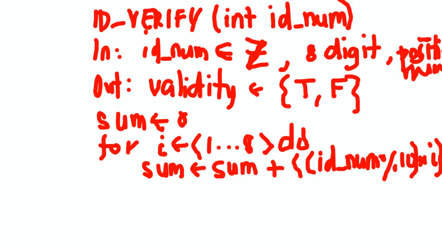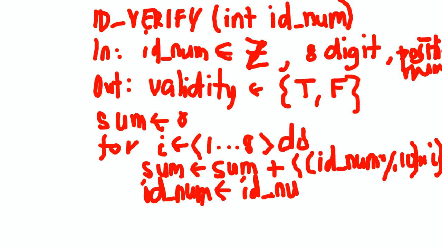So after this, we're going to update the ID number. So we're going to repeatedly divide this by 10. And end the for loop for the modulo check.